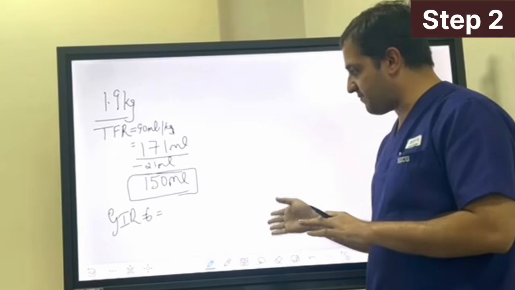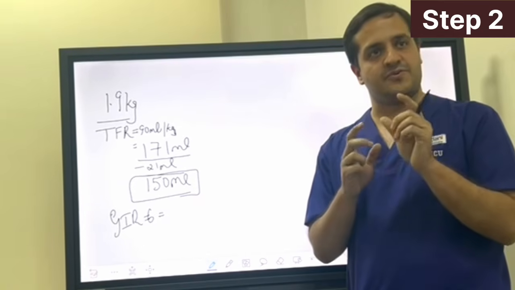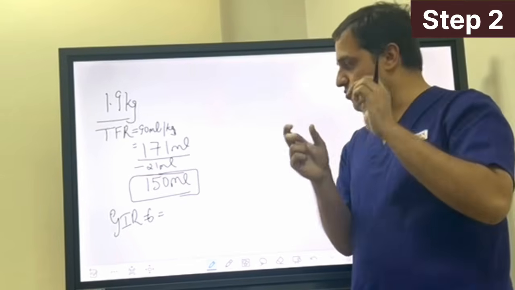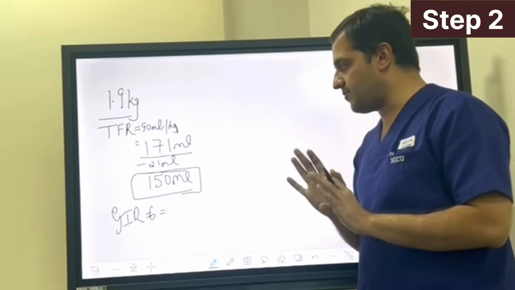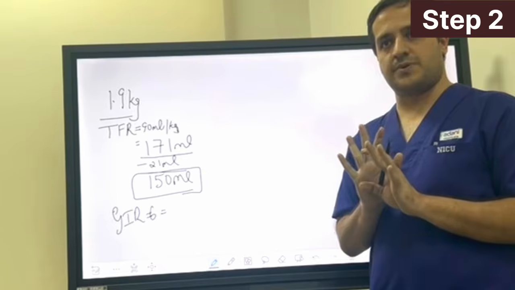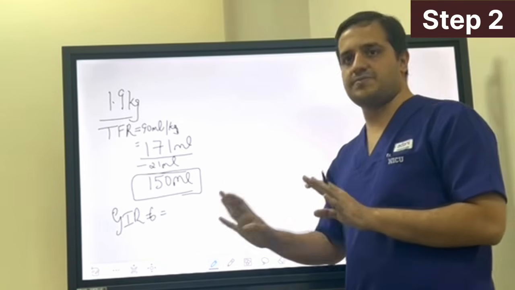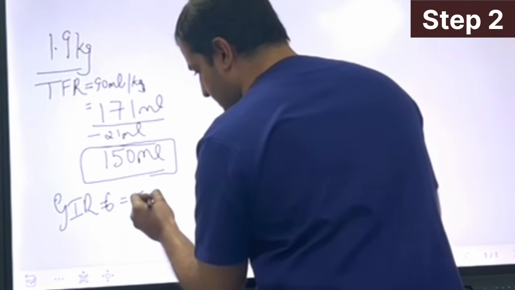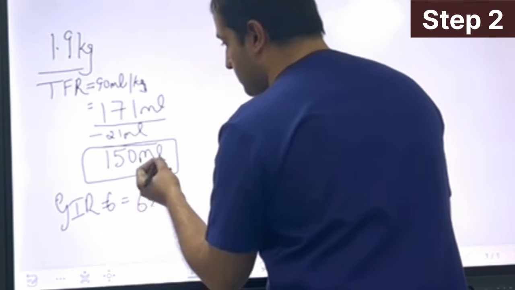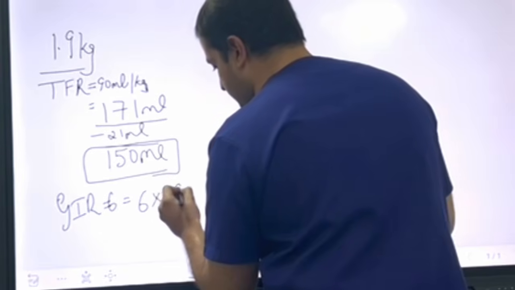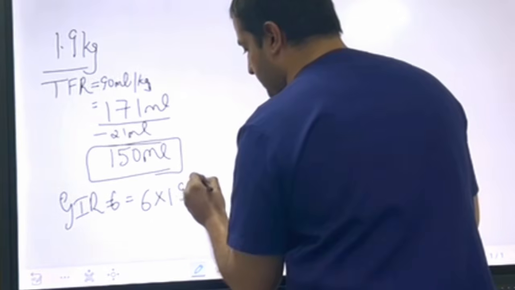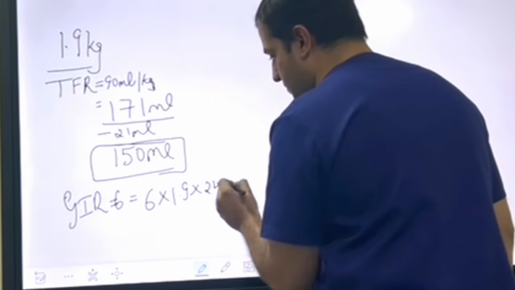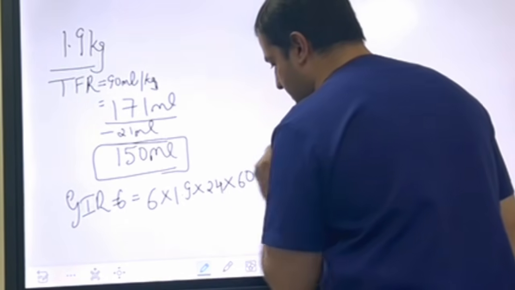That formula is a bit complicated, so I usually go by simple logic that you have to prepare a fluid such that you are giving 6 mg per kg per minute. So it is 6 into 1.9, that is the weight of the child, and 24 into 60 per minute. One day there are 24 hours and each hour has 60 minutes.